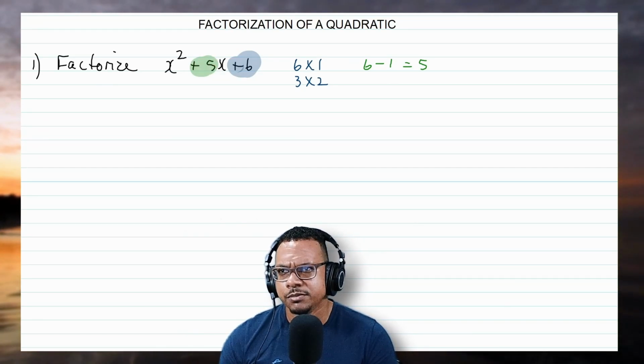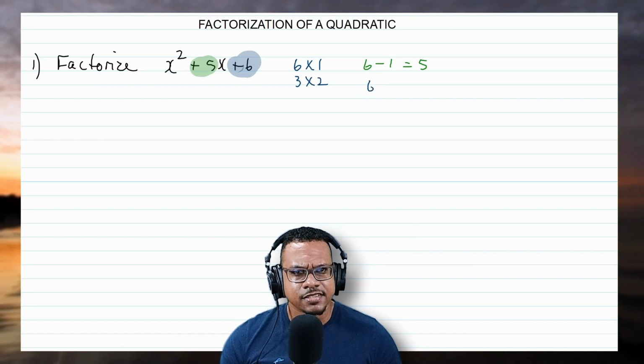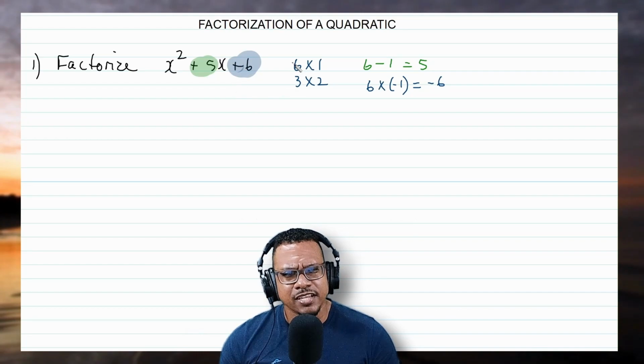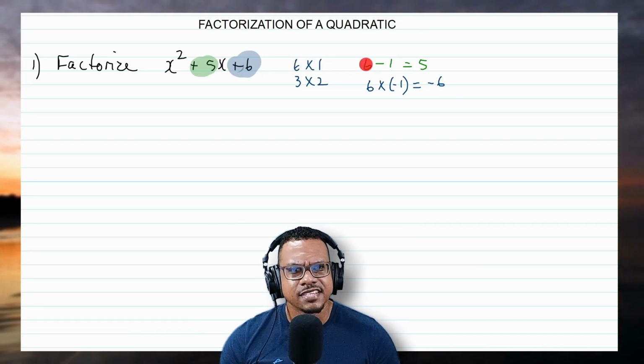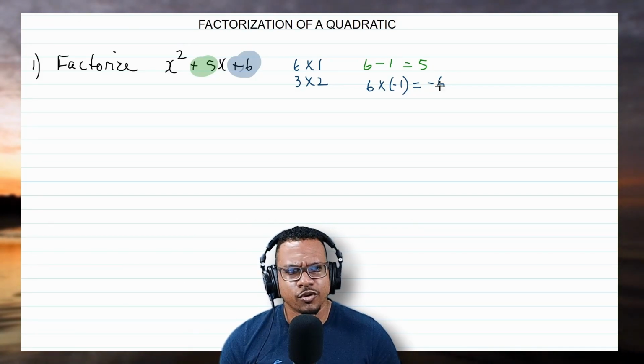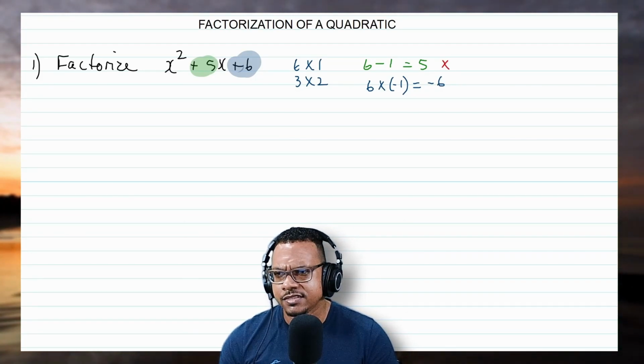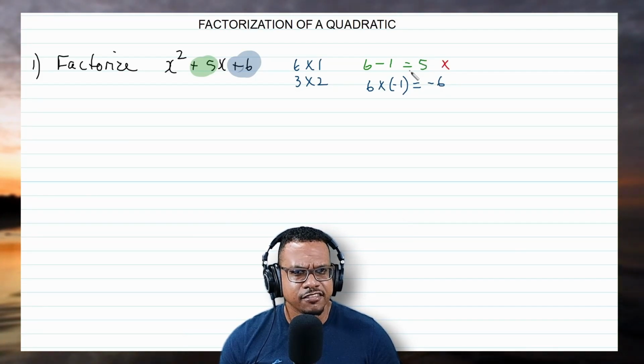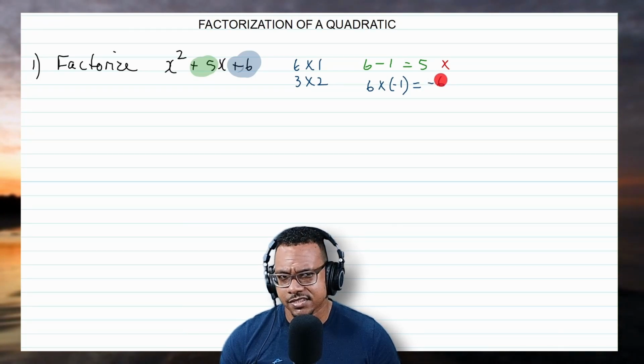But if I multiply 6 times negative 1, I would get negative 6. And now that negative 6 is not equal to this positive 6 that I have here. So that's why the 6 take away 1 would not be the correct thing to use. So this would be the wrong thing, all right, because yes, I'm getting positive 5, but I'm not getting the positive 6.